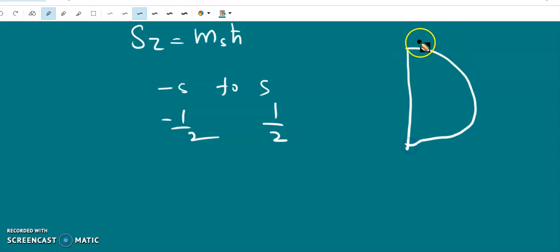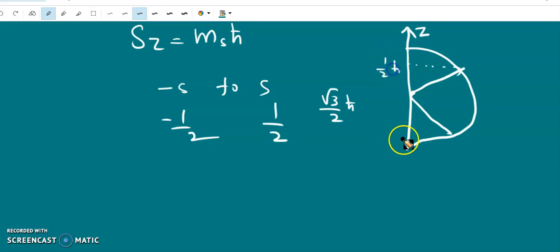Suppose a magnetic field is applied along the Z axis, and we draw a circle having a radius root 3 by 2 times h-cross. Then there are only 2 possible orientations, such that Sz is equal to half h-cross and minus half h-cross, that is, ms times h-cross. This one is called the spin up configuration, and this one is called the spin down configuration.